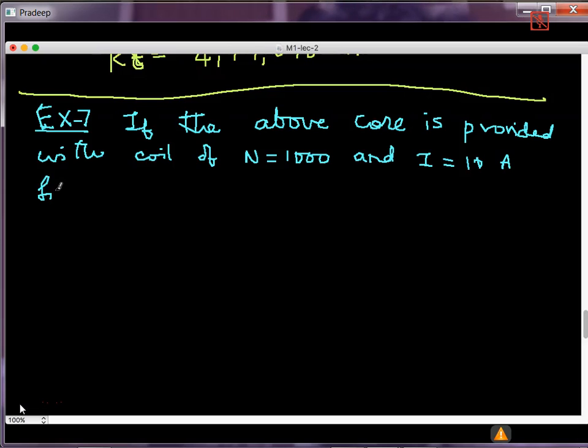Find flux. So now that is with and without air gap.